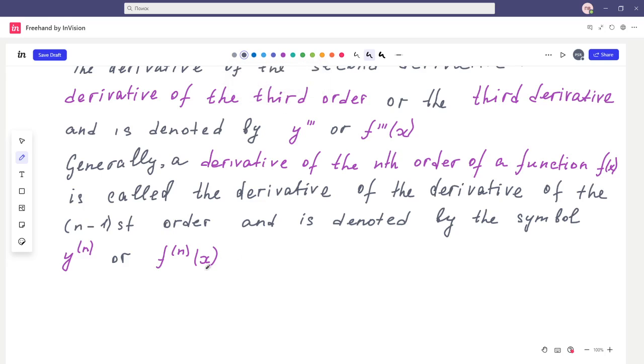For example, the derivative of the fourth order, the fifth order, etc. Here, the order of the derivative may be written without brackets.